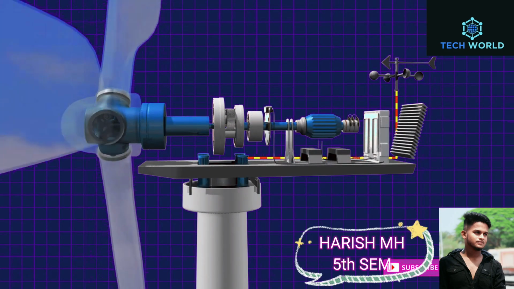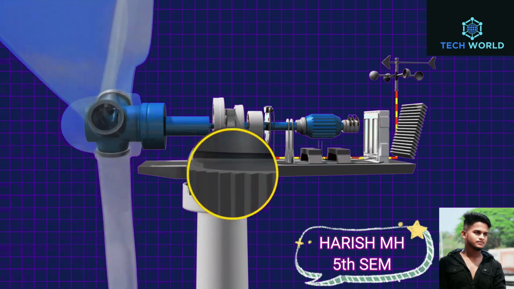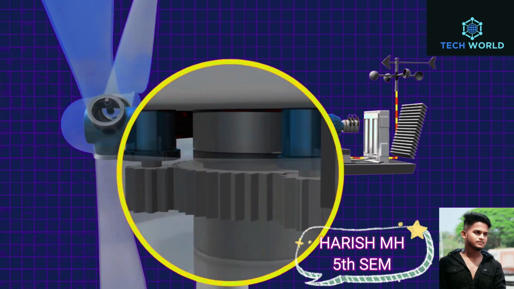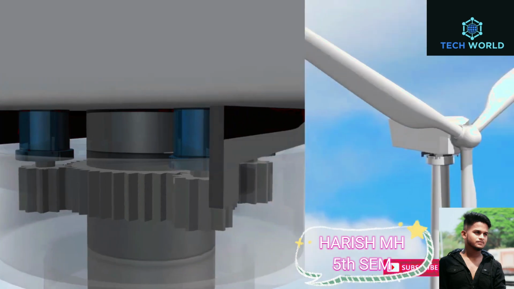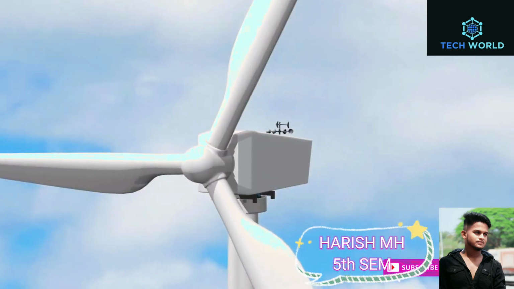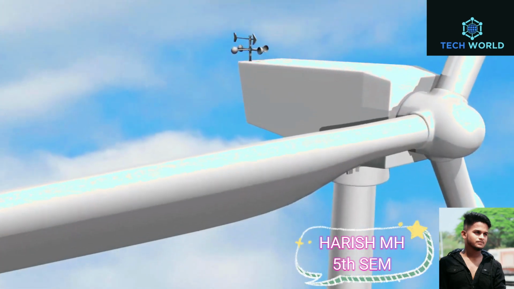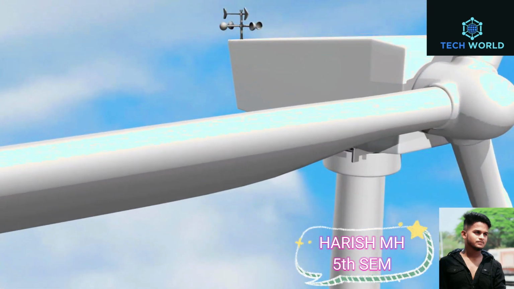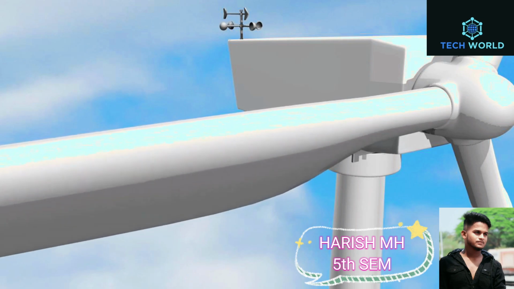This mechanism then moves the blades to face the proper wind direction. Also, the blades can rotate using the blade pitch mechanism to align themselves with the proper angle of the wind. In this way, a wind turbine can convert wind energy into electricity.